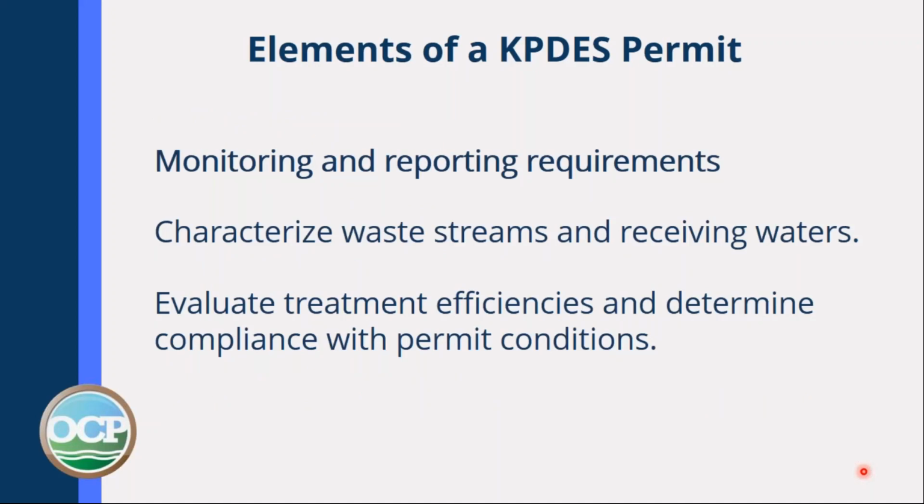There have to be monitoring and reporting requirements so we can characterize what's in the waste stream and what's in the discharge and receiving waters, and an ability to check that the treatments are effective and that you are complying with the conditions of the permit.